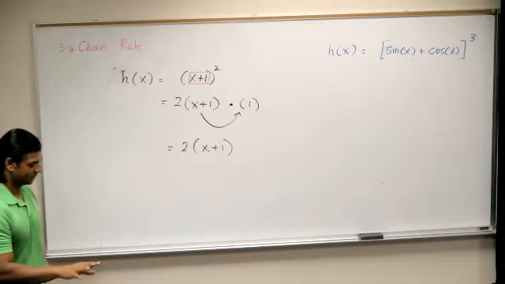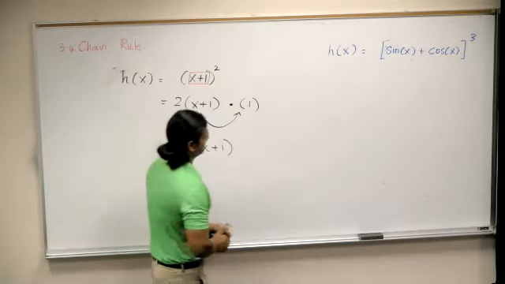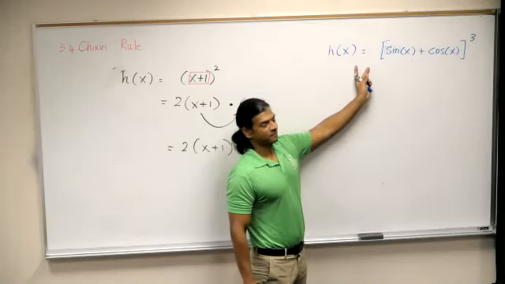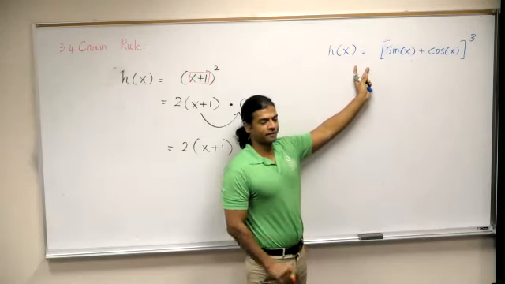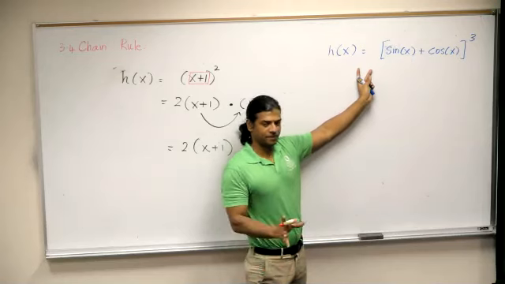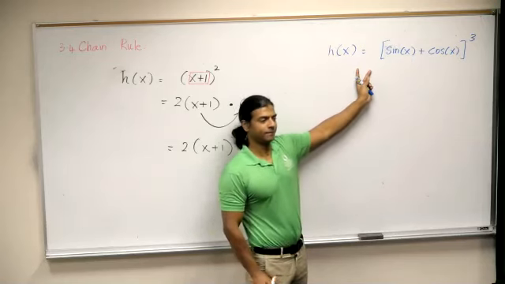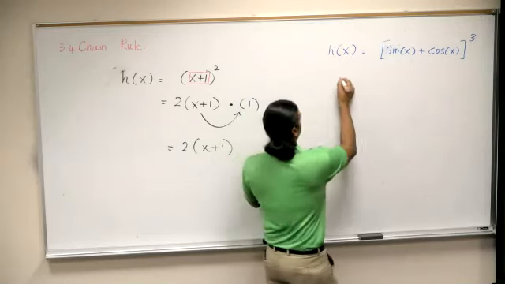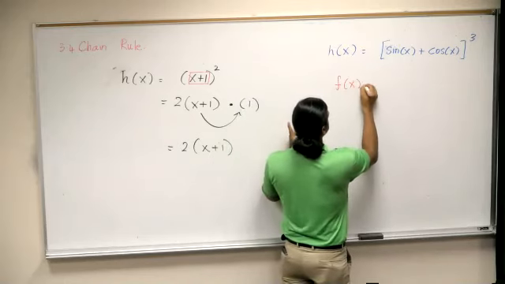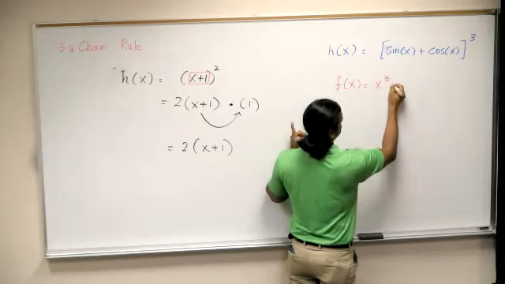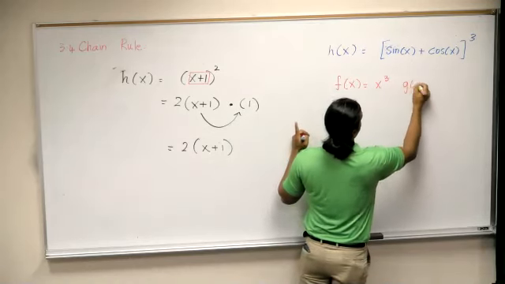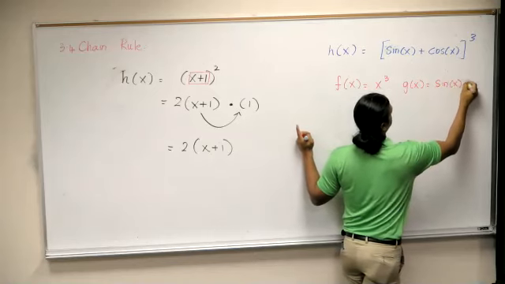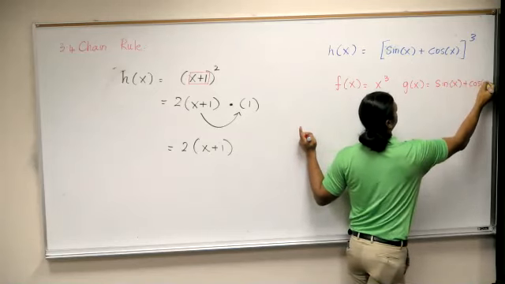h of x is now a composition of 2 functions. What are they? f of x is x cubed, and g of x is sine x plus cosine x.